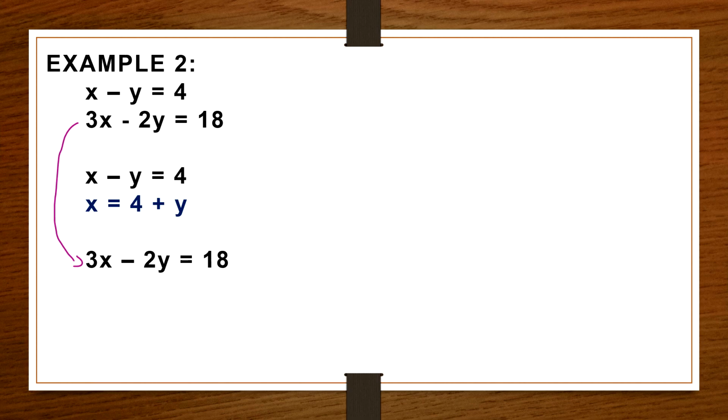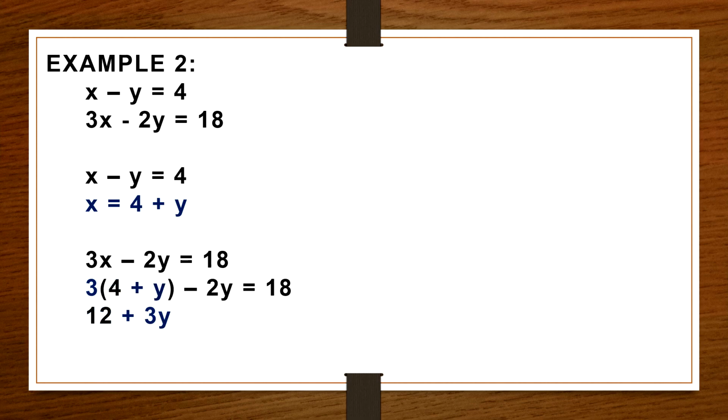Substitute into 3x minus 2y equals 18: 3 times (4 plus y) minus 2y equals 18. Distribute 3. 3 times 4 is 12. 3 times y is 3y. Then copy negative 2y equals 18.